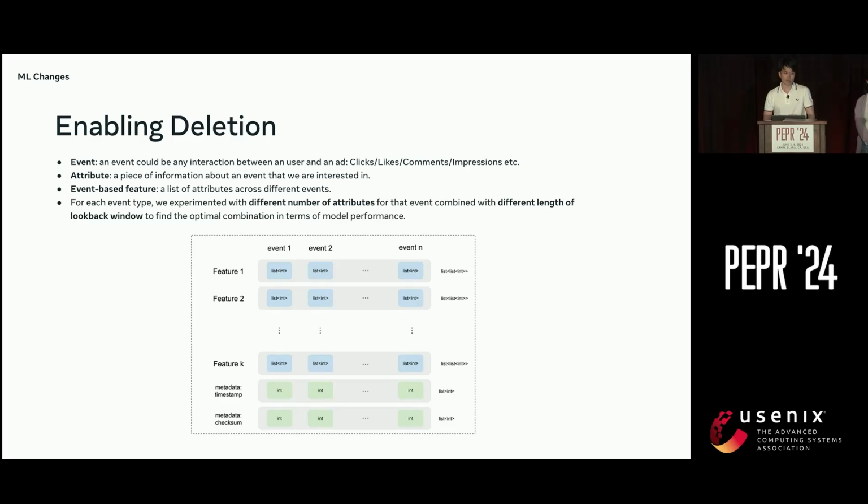For each event type, we experimented with the number of attributes that we're interested in, so the number k, and the different length of lookback window, n. And we basically did a grid search across different k and n values to find the most optimal setup in terms of model performance and capacity intake.